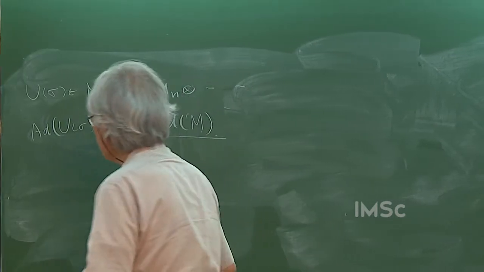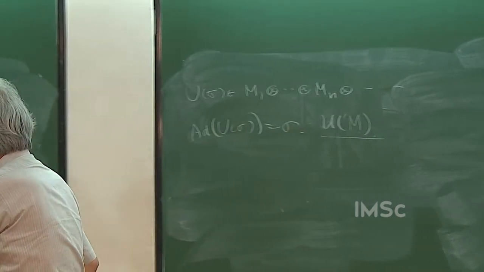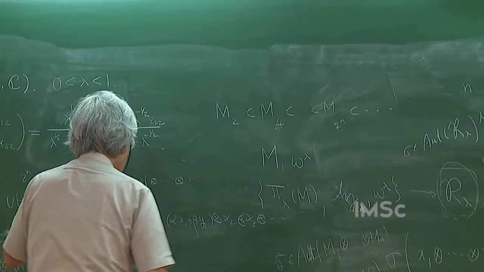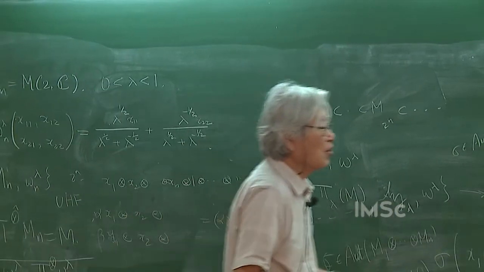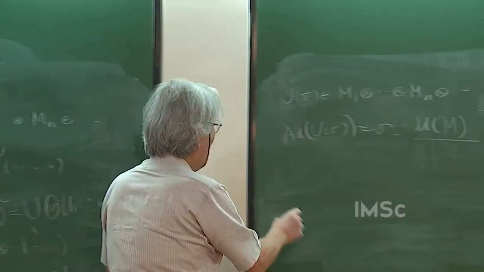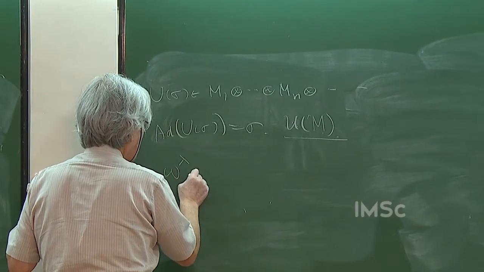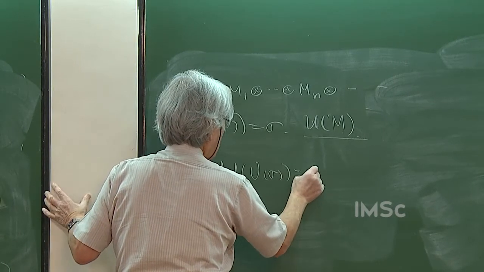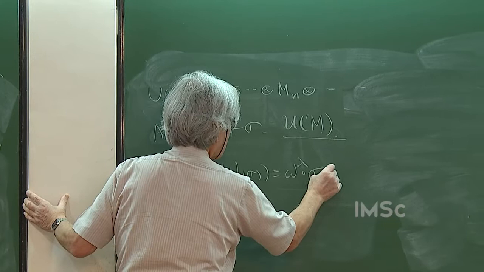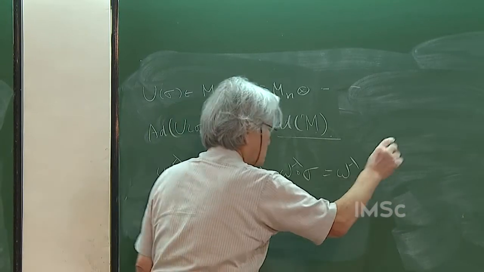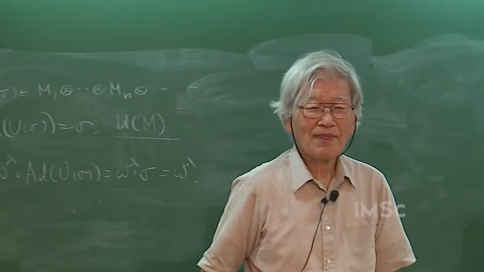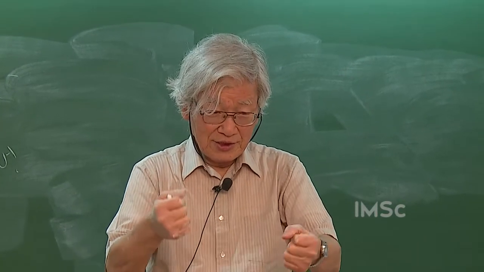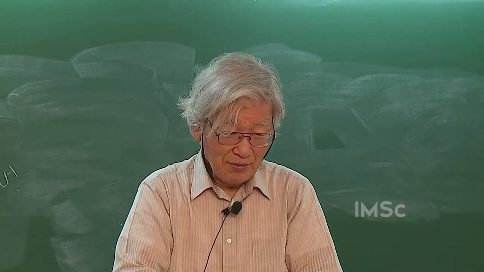Then what happens is, as I told you, sigma itself does not move the state. So omega lambda composed with Ad U sigma is omega lambda composed with sigma, which is omega lambda. So U sigma does not change omega lambda.